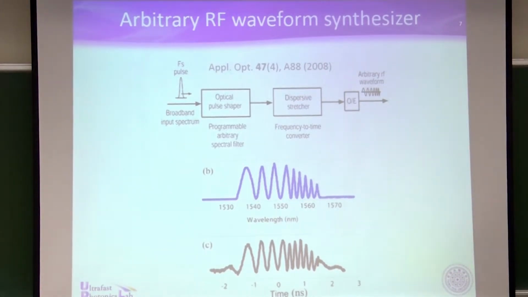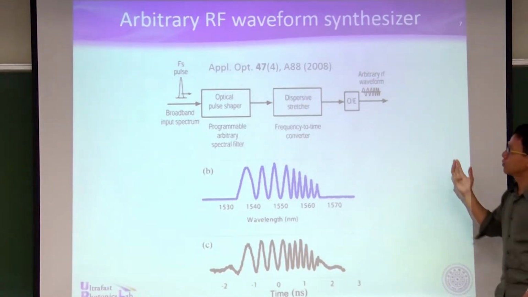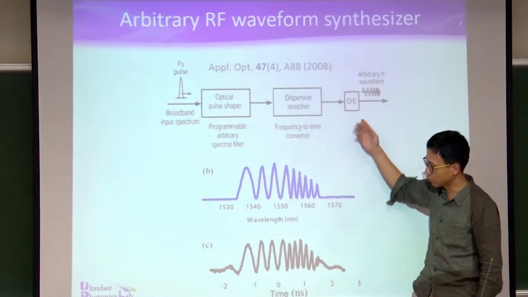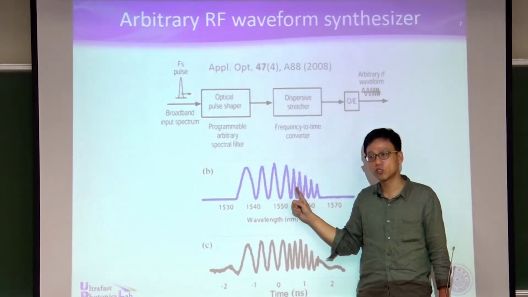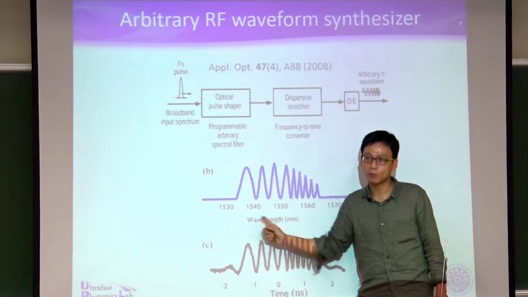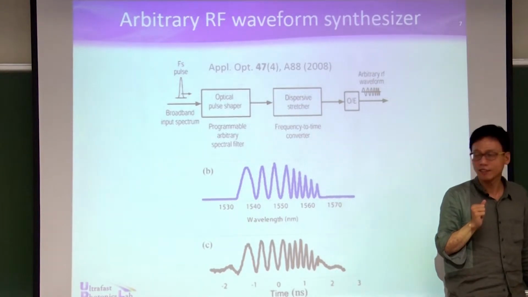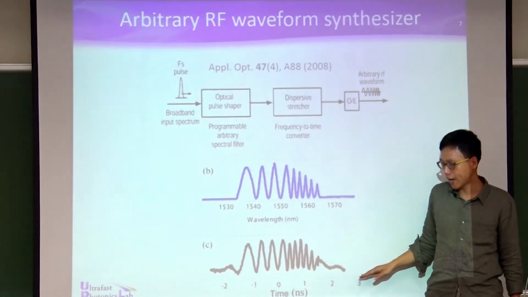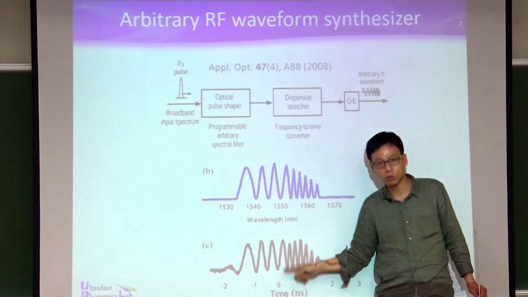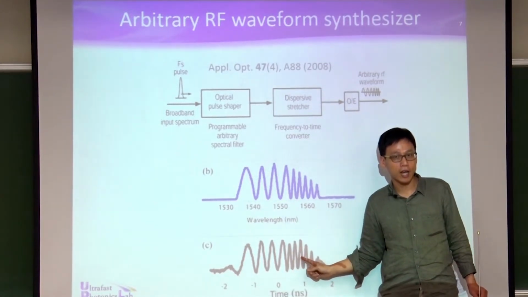Then you got electric signal. And if you measure the electric signal, you will see a waveform exactly the same shape as the optical spectrum. Okay? Remember now, figure C, the horizontal axis is time, not wavelength. So this is a time domain signal.